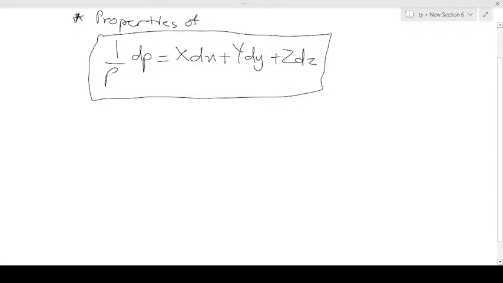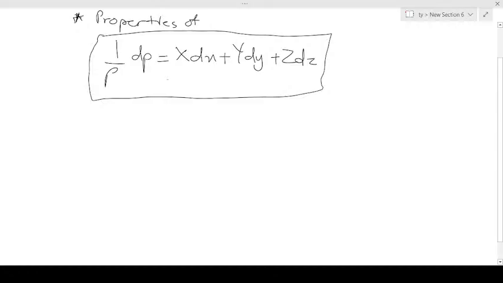So this is your main formula in differential form. We are going to use this to come across other formulas.